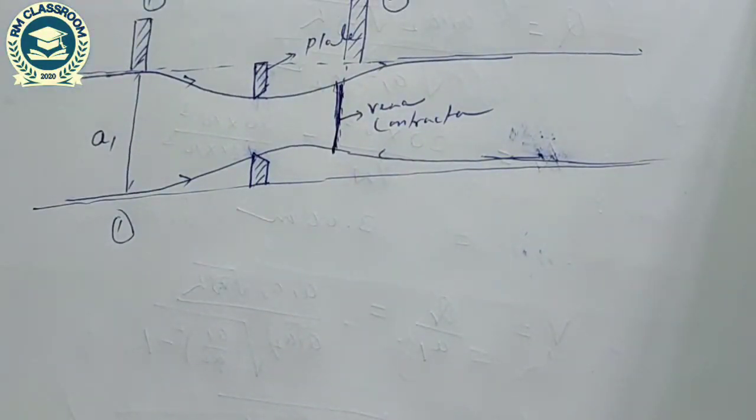Vena contracta is the flow area. The area where flow area is minimum is called vena contracta.